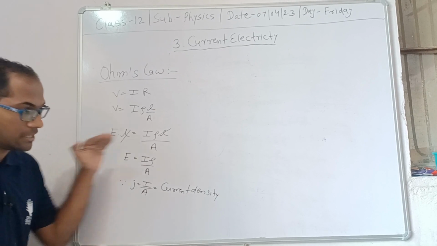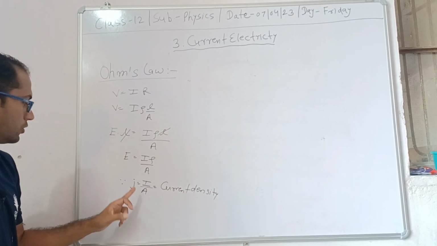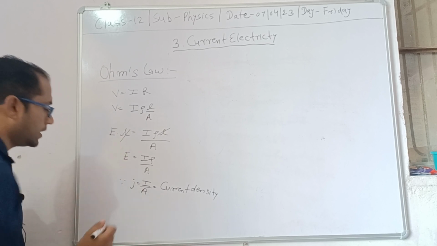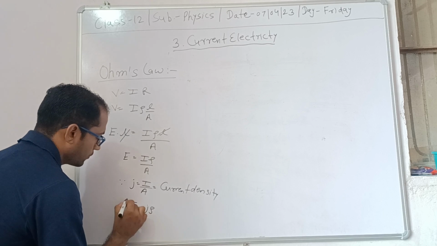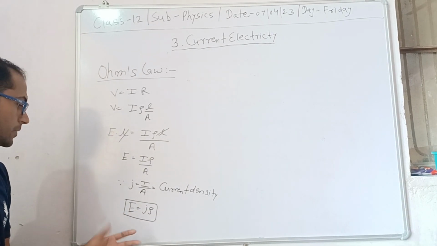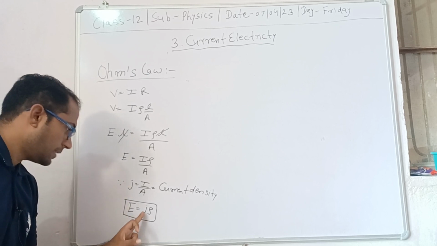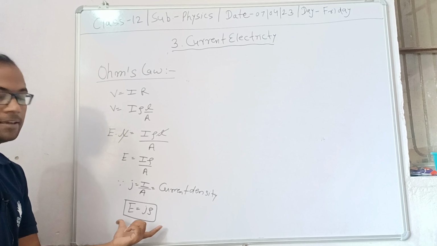Putting this in the formula, we get E equals J rho. This is the relation between the electric field and the current density with constant resistivity of a conductor.